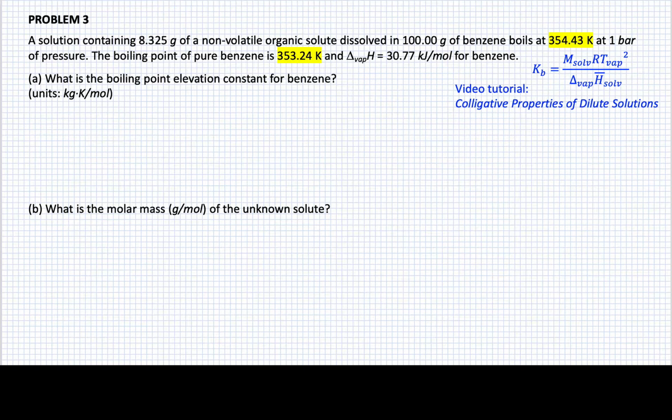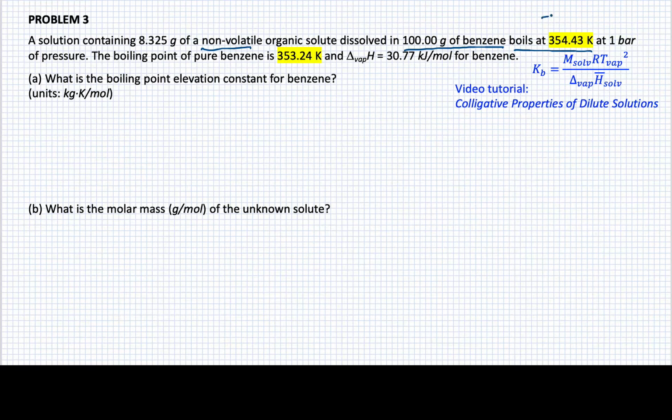Okay, in problem 3, now we're going to have a non-volatile organic solute. So we have now moved out of the lessons that dealt with volatile solutes, and we're with non-volatile solutes. And it's in 100 grams of benzene. And this mixture boils here.